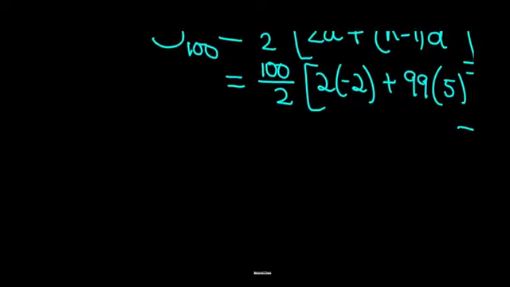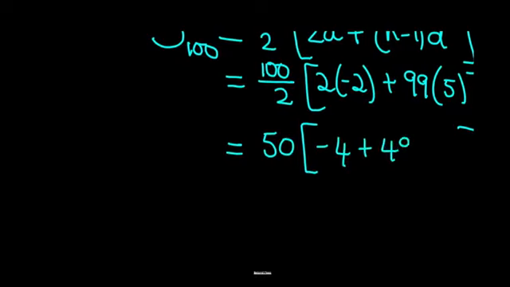So we can now say, if I add up all those 100, I'm adding minus 2, 3, 5, 8, etc., then I'm going to get 50 multiplied by negative 4 plus our 495. So that would be 491.